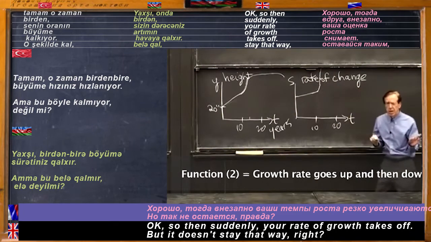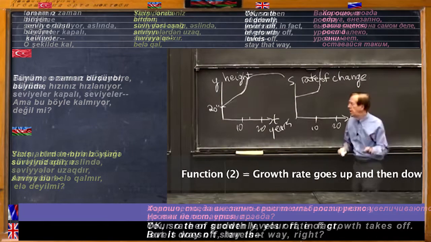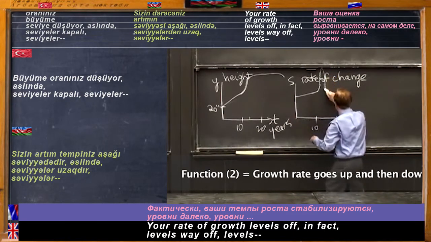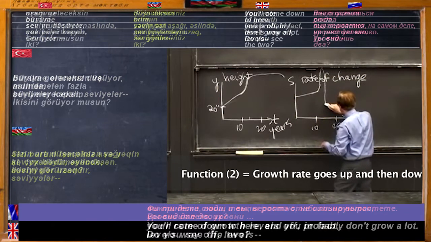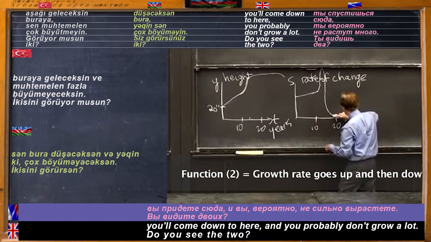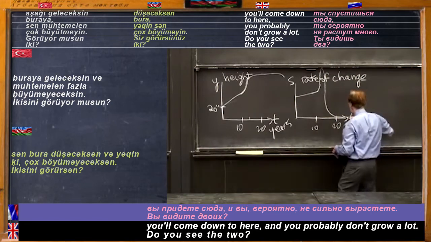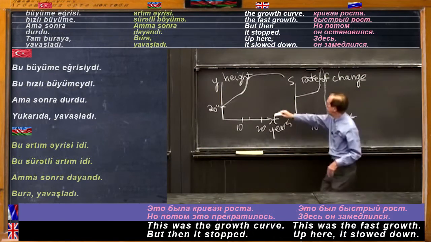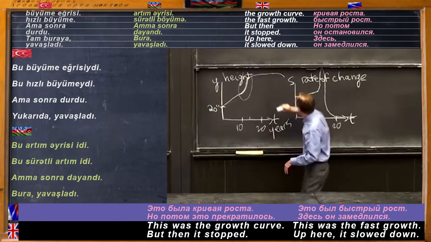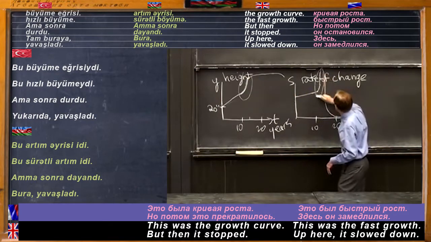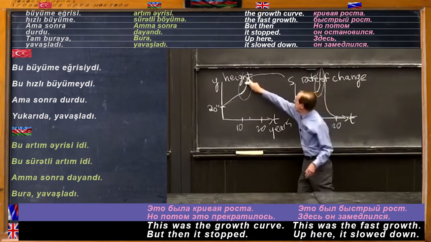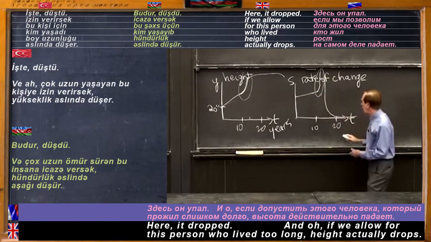Then suddenly your rate of growth takes off. But it doesn't stay that way, right? Your rate of growth levels off. In fact, levels way off. You come down to here and you probably don't grow a lot. Do you see the two? This was the growth curve. This was the fast growth, but then it stopped. Up here it slowed down. Here it dropped.